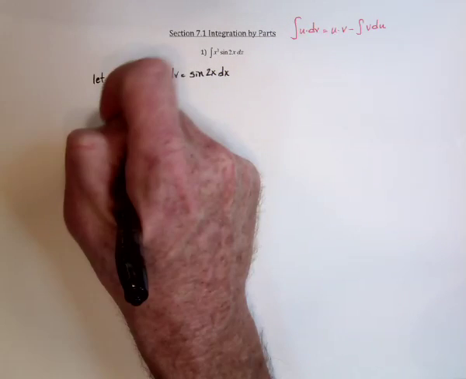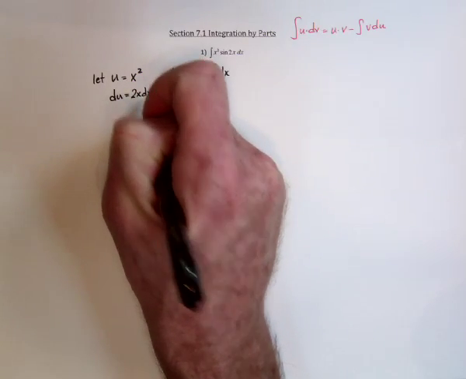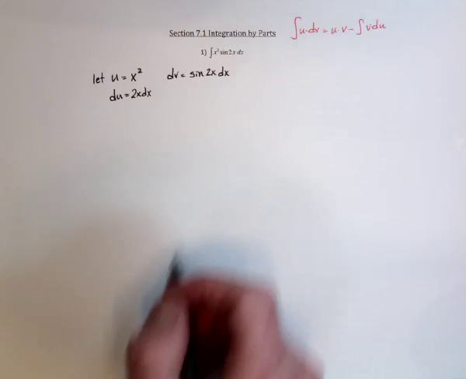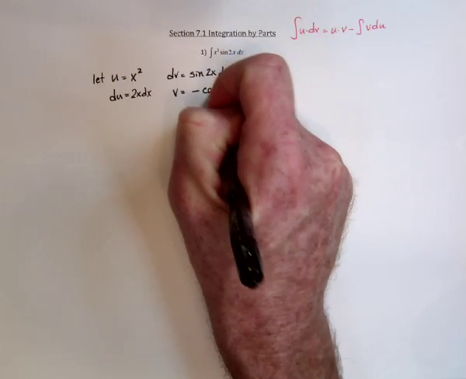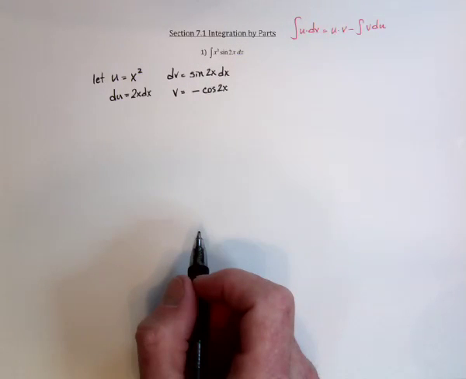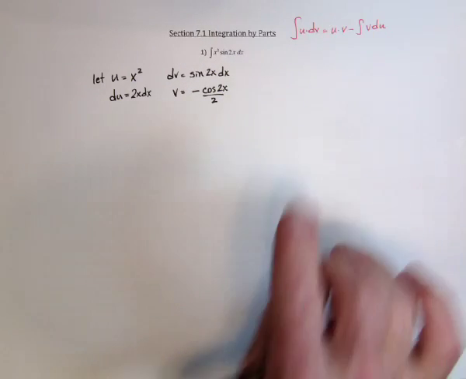Over here, take the derivative, du is equal to 2x dx. And for the dv, integrate, which is going to mean that v is equal to negative cosine of 2x. And then because the derivative of the inside is a 2, we need to divide by 2.